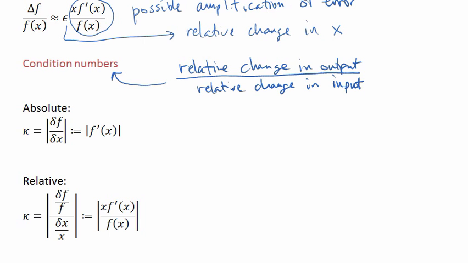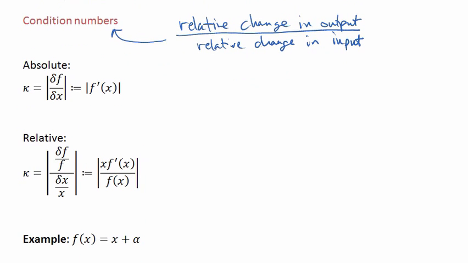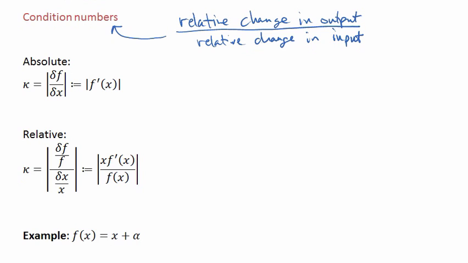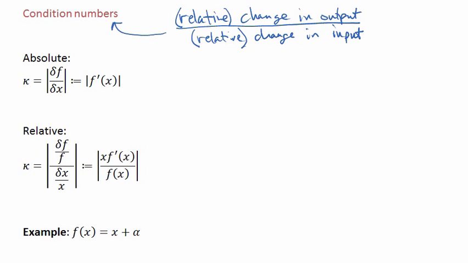And we have two cases, right? So if we think in terms of absolute changes, okay, so I got ahead of myself by saying relative. We could define either kind of change. Most often we're interested in relative, but sometimes we deal with absolute changes.